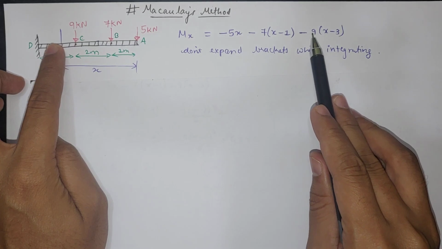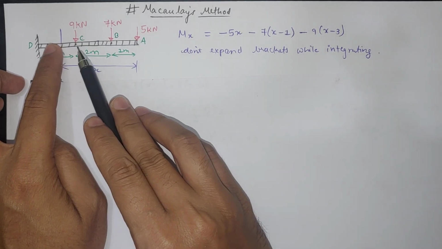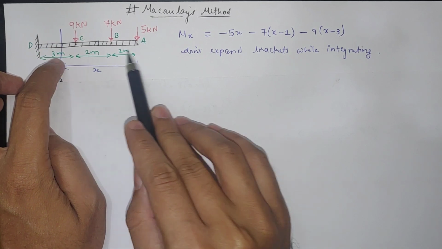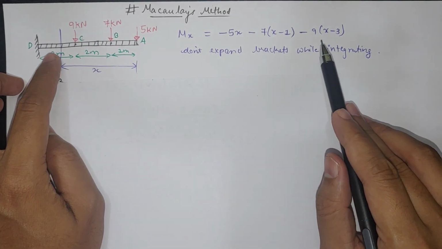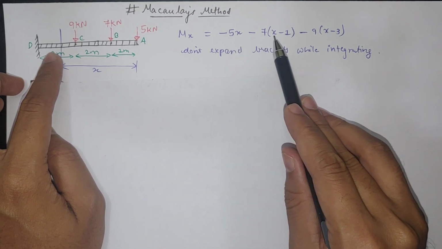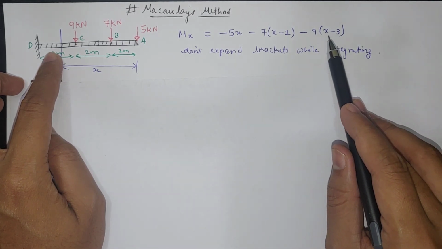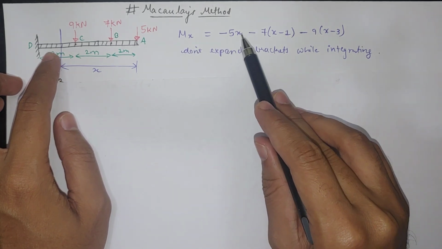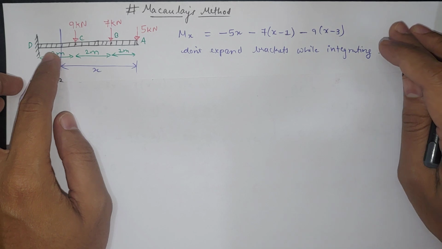Similarly minus 9 into the distance this, so it is x minus 3. 1 plus 2 is 3. We do not have to open these brackets, and we have to solve this exactly similar to the double integration method without opening these brackets.